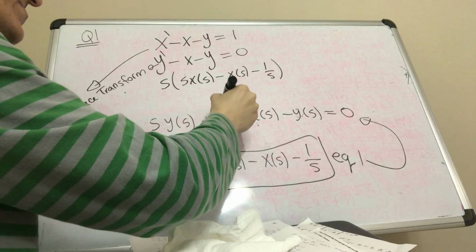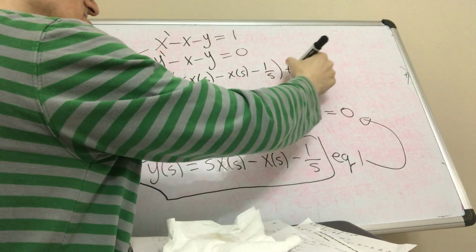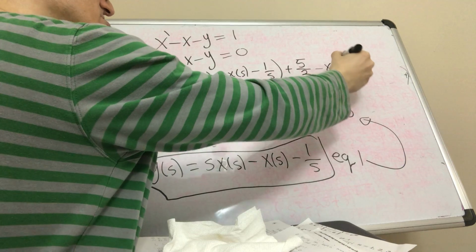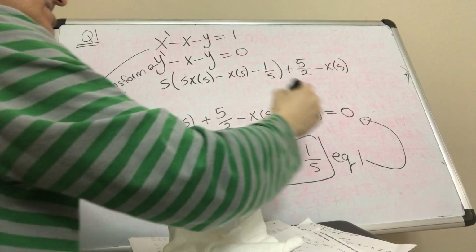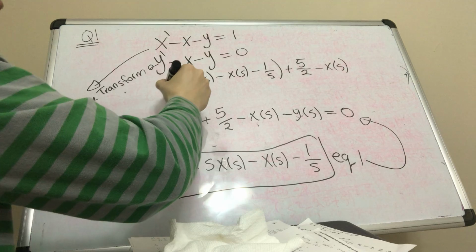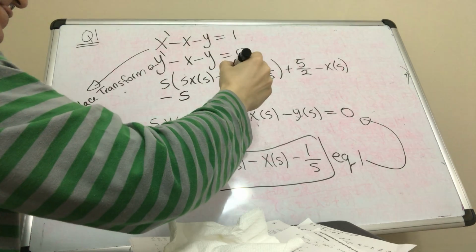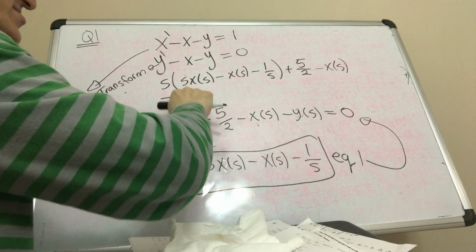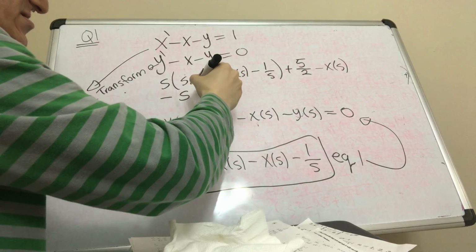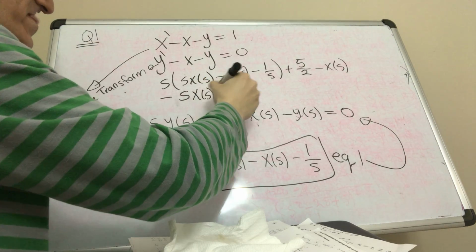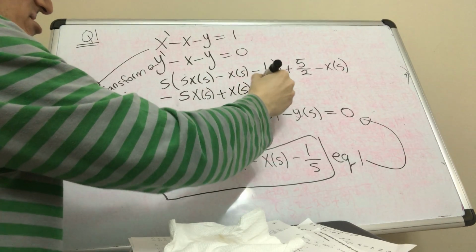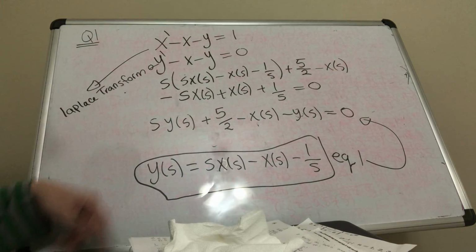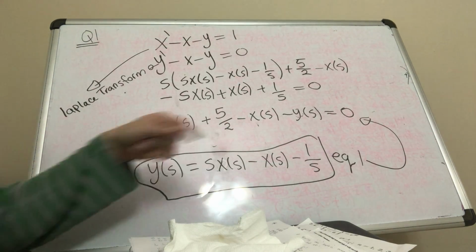So plus 5 over 2 minus X(s) minus Y(s), which is this, so minus, or just take the negative of this, s X(s) plus X(s) plus 1 over s equals 0. So all I did is putting this equation into this equation.